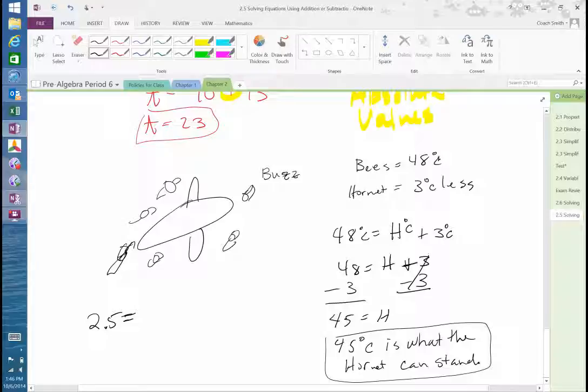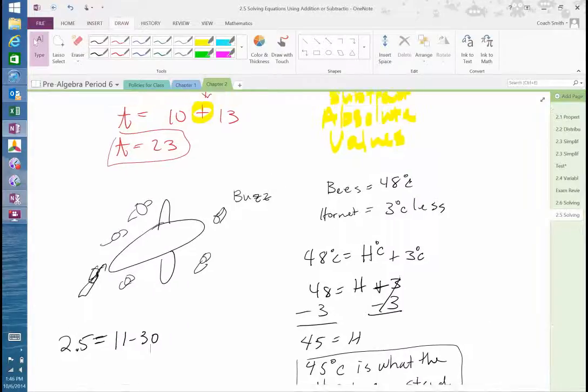We're going 2.5, 11 through 30, and 32 through 35.